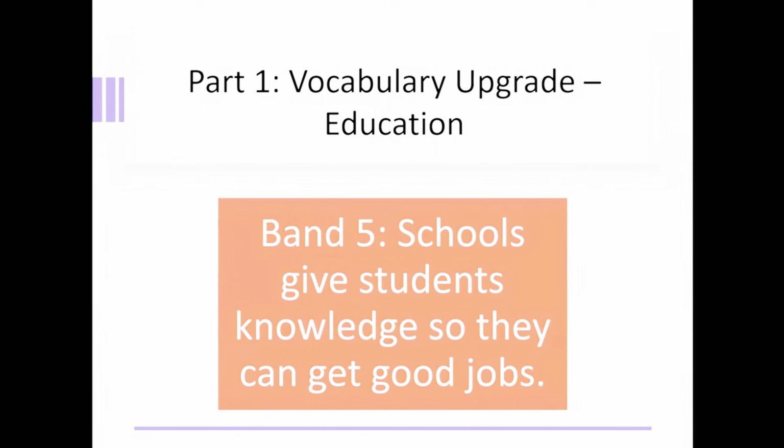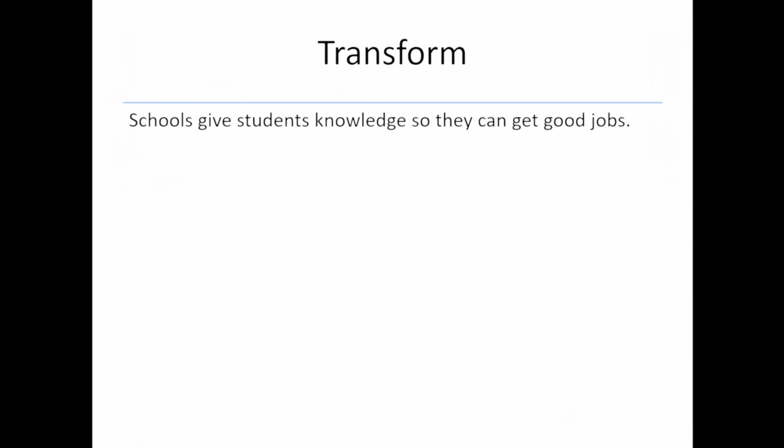In this sentence, which words would you change in order to get a higher mark? Because I can see quite a few. I would think about get and good, even schools. But let's check it out. So we want to transform this sentence. Schools give students knowledge so they can get good jobs.